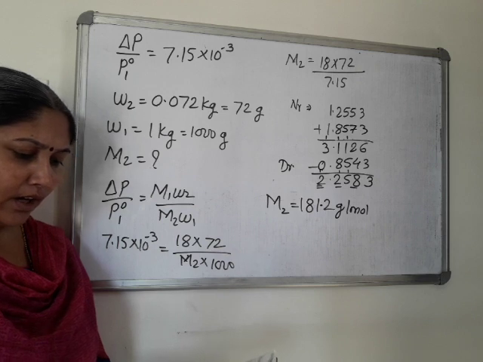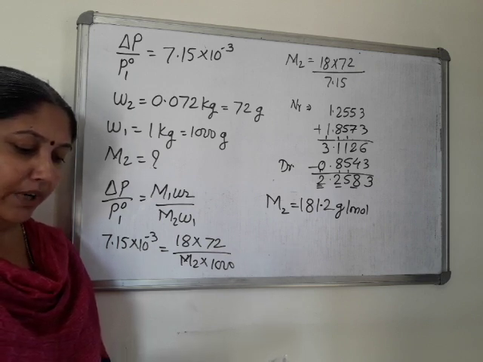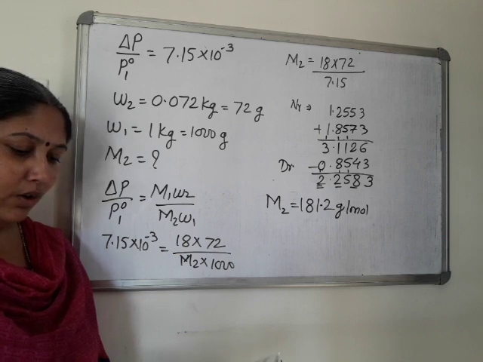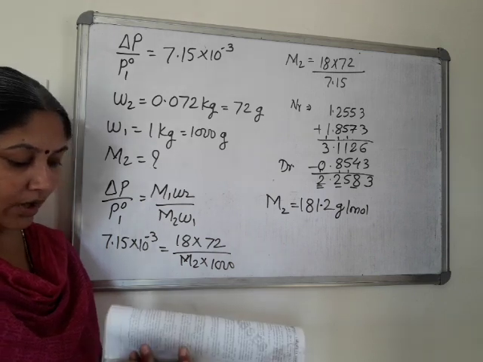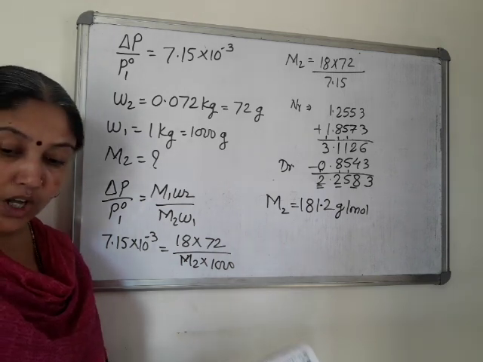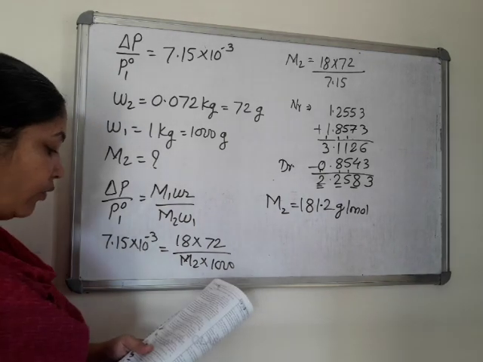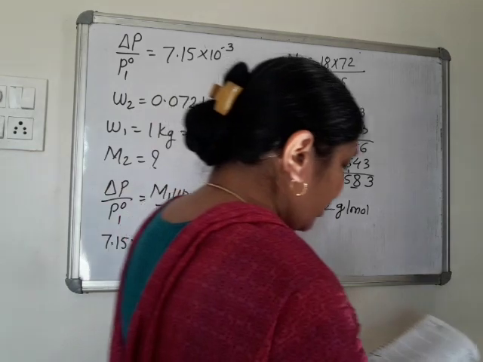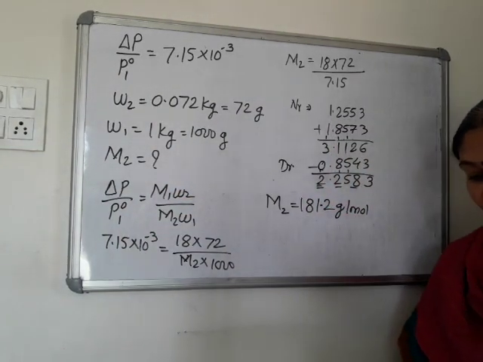Calculate lowering of vapor pressure of 0.1 molal glucose solution.